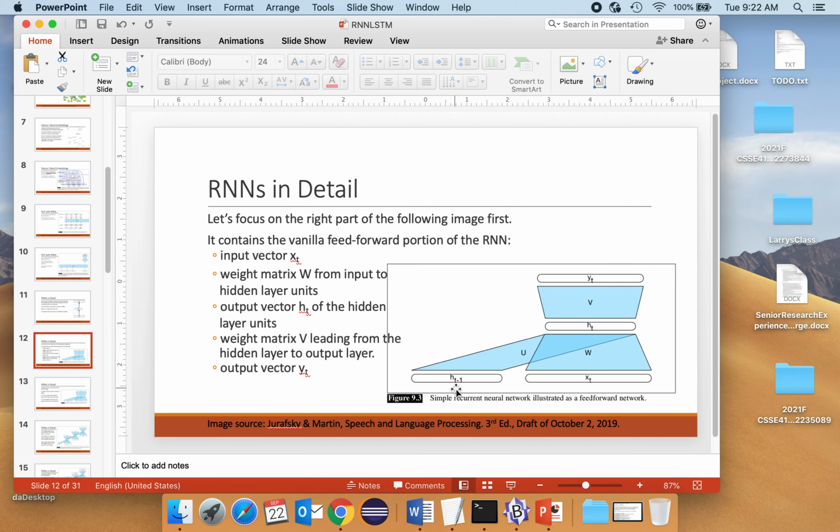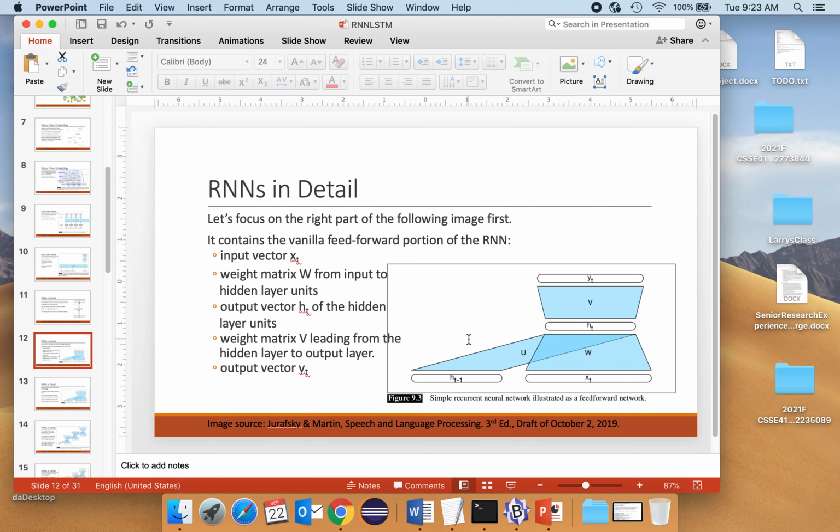What we have over here is we draw it out in time. So in time step ht-1, we have the activations of these units, and we have this weight matrix U with which to process this input.